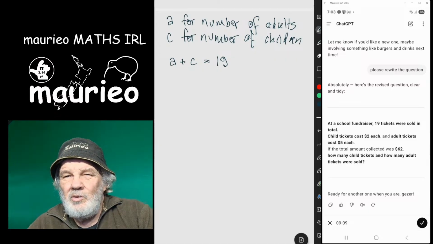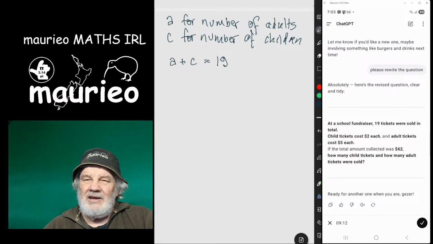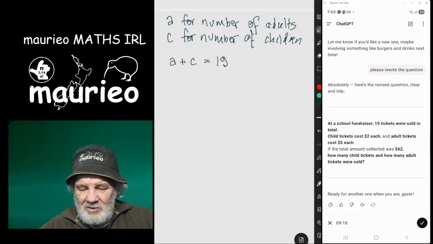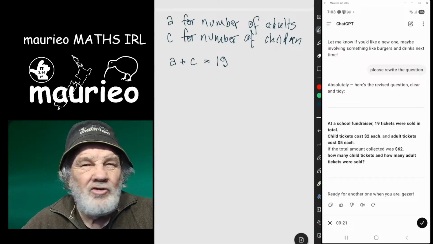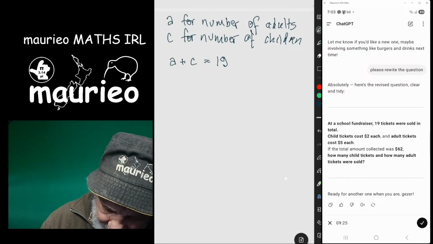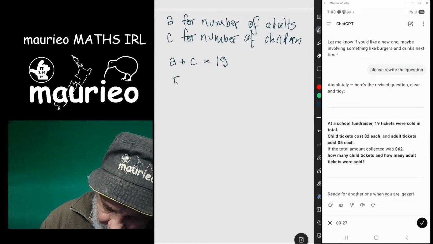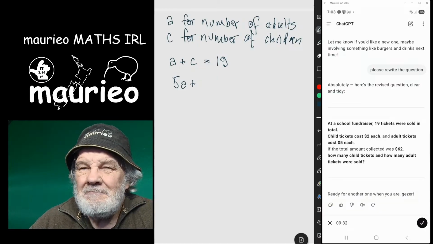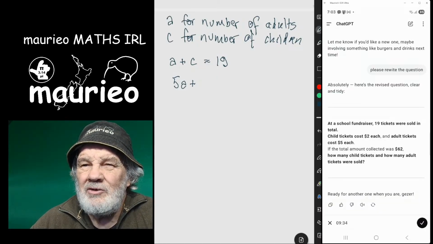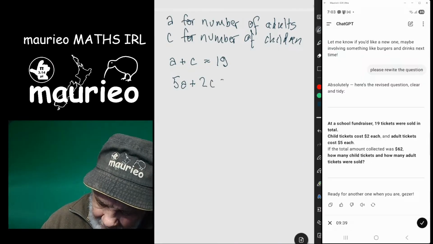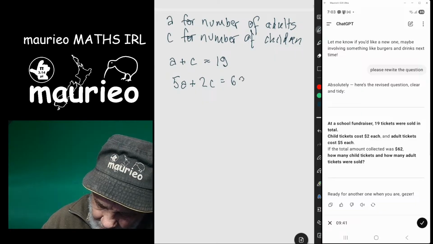And we know that the total amount collected was $62. So that would be the number of adult tickets times 5, or 5A, plus the number of child tickets times 2, and that would equal 62.